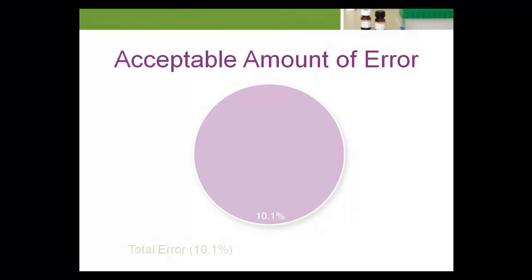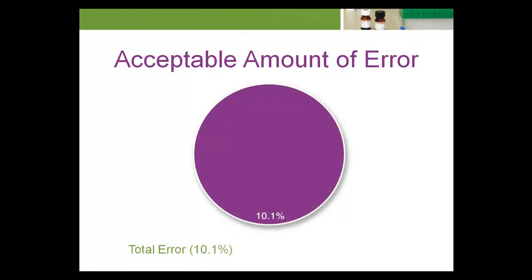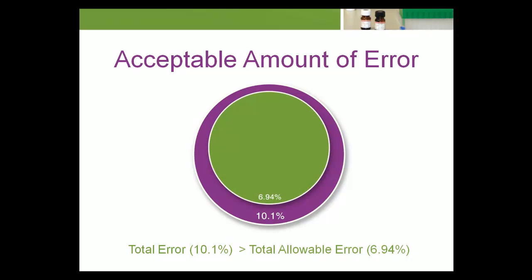We determined that the TE for the test is 10.1% and that the TEA is 6.94%. To ensure we're in budget, the TE cannot exceed the TEA. In this example, the TE exceeds the TEA, so it's clear the laboratory is failing to meet the quality specifications for the test.